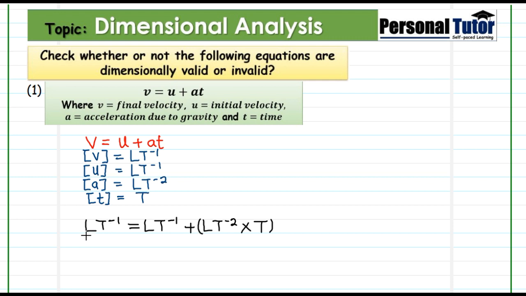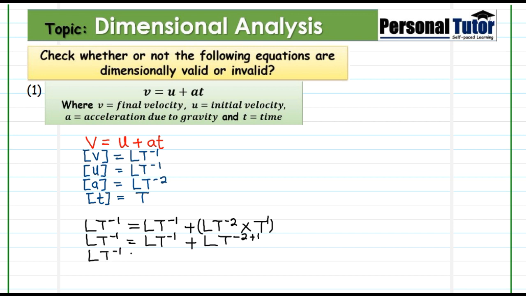So the left hand side of the equation still maintains LT minus 1 equal to LT minus 1 plus, this is a multiplication. The T has an exponent of positive 1. So L by 1 in front of the T still gives L, but there is a T with negative 2 multiplying a T with exponent positive 1. Per the rules of indices, you will write one of the bases, then add the exponents. That will be minus 2 plus 1.